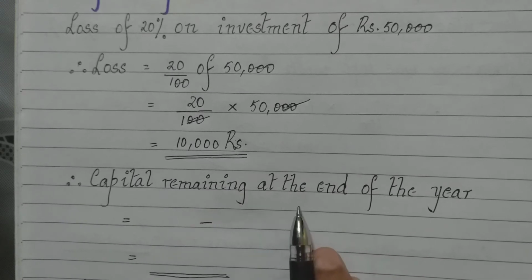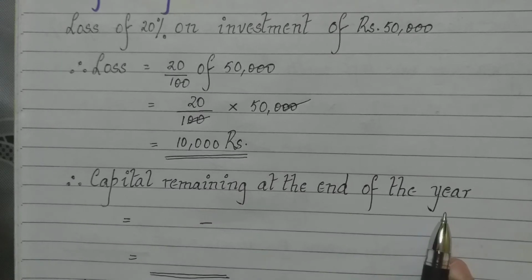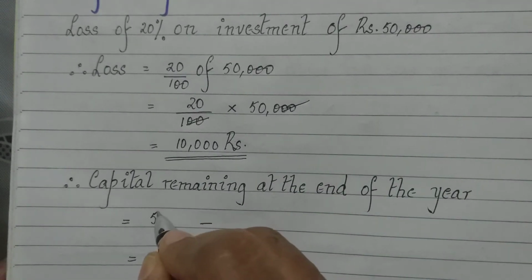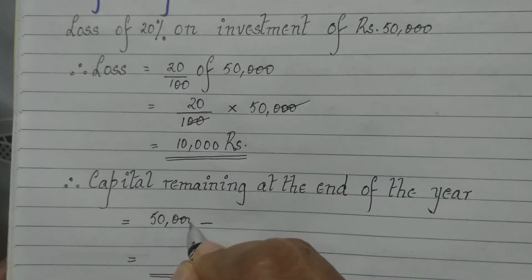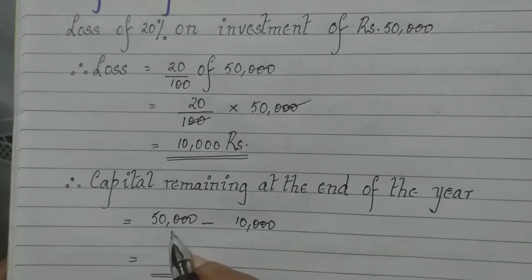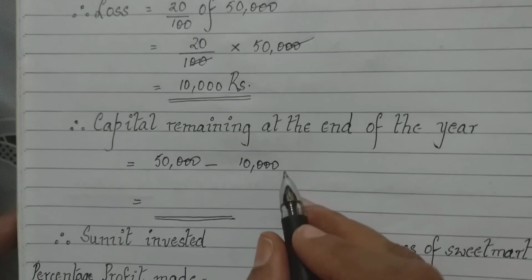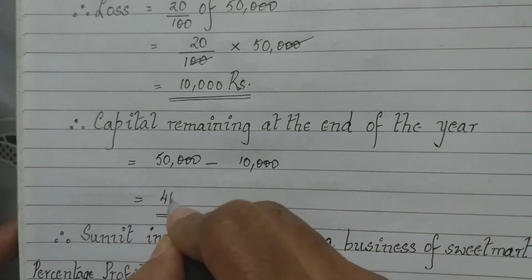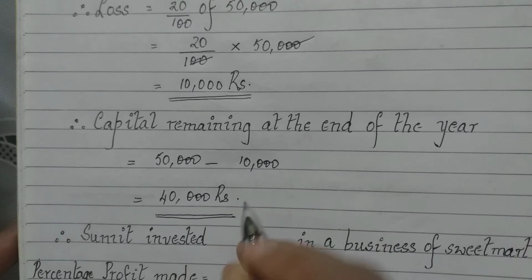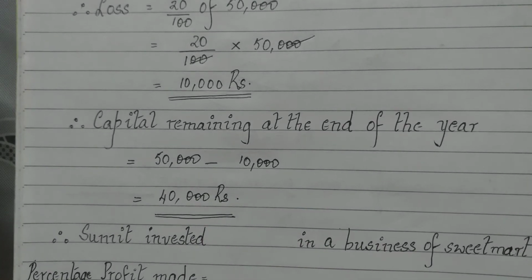So what will be the capital remaining at the end of the year? First was 50,000 rupees. He has lost now 10,000 rupees. So left with him will be 50,000 minus 10,000, which is 40,000 rupees.